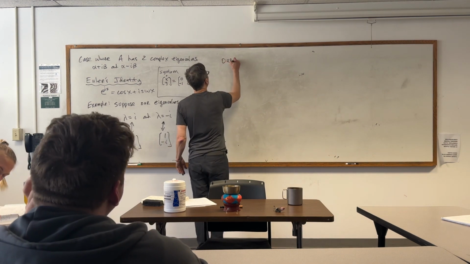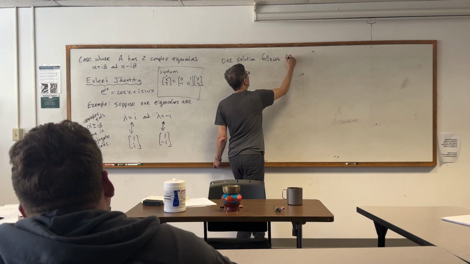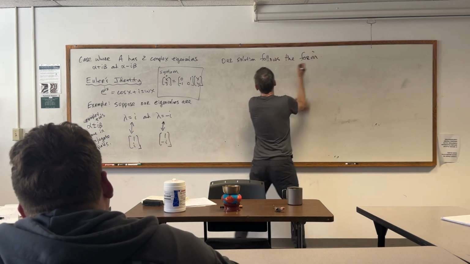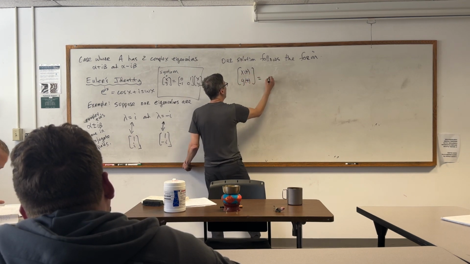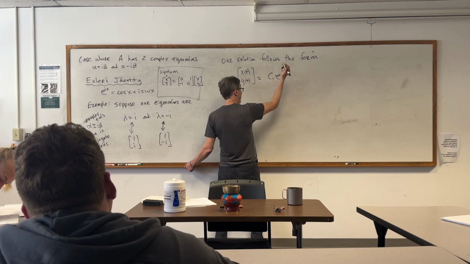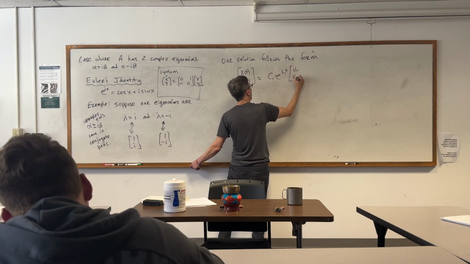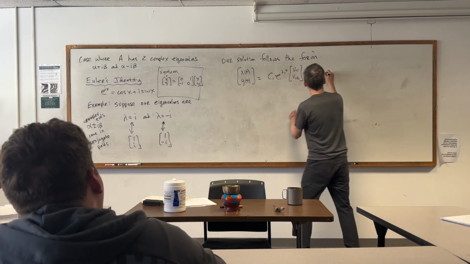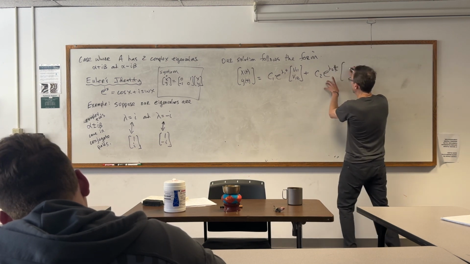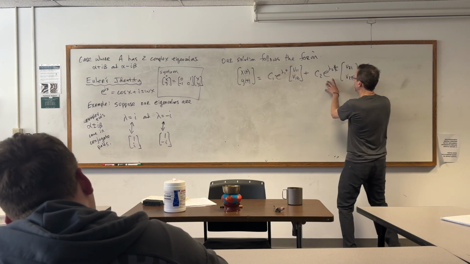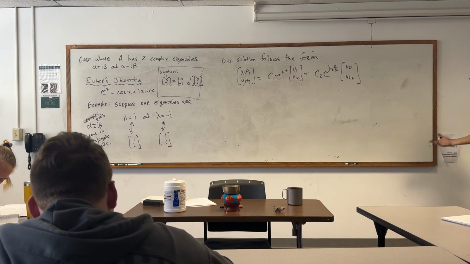So our solution follows the form (x, y) of t equals c1 e to the lambda 1 t times our vector v1 plus c2 e to the lambda 2 t times v2. I put this up at the beginning, but I want to put it up again so that the flow here makes sense. Your solutions always look like this, no matter what.